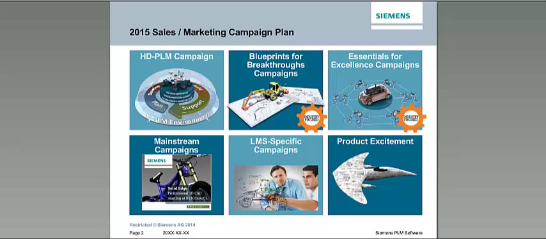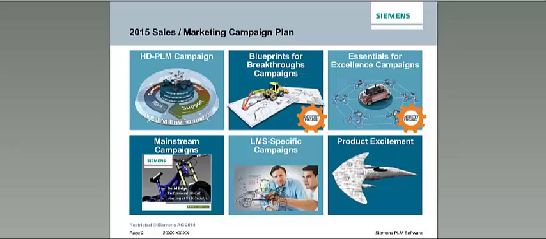So when we are talking about Essentials for Excellence, they are completely industry focused. As you know from last year, when you attended also in the beginning of this year the AP Go event, you saw that we have all of that with an industry focused and a business conversation and not necessarily just product, as we do that in product excitement.